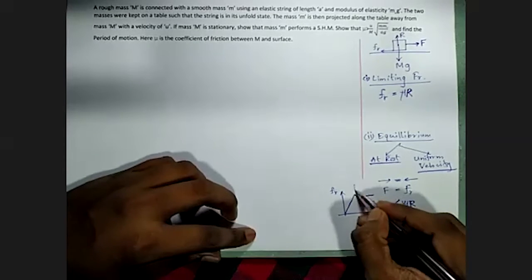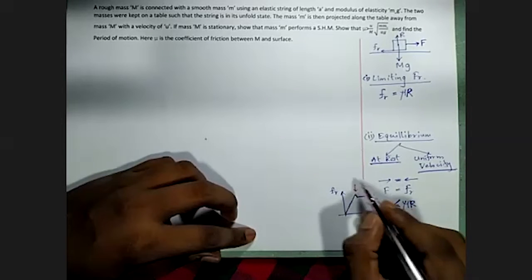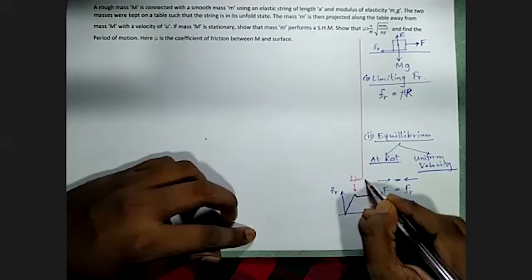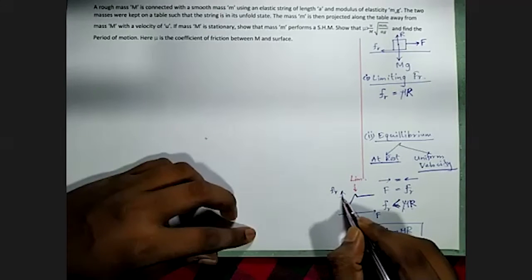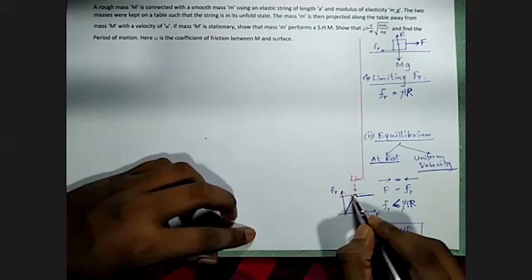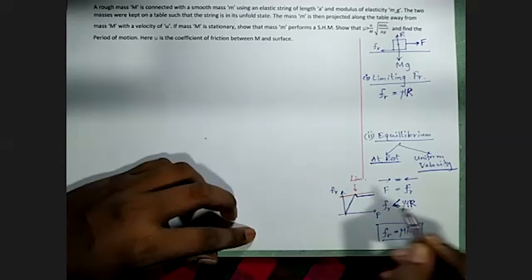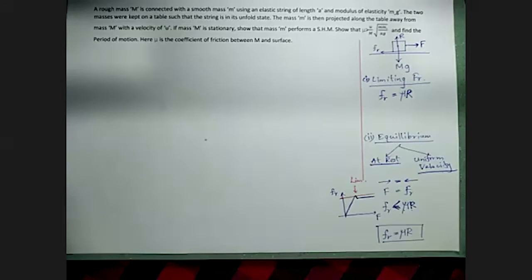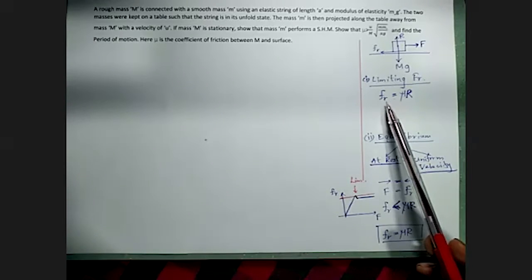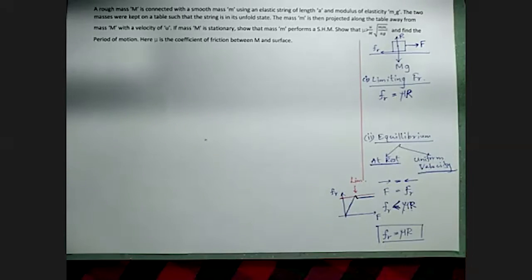This topmost point or maximum point is called limiting friction. There is no frictional value a certain surface can reach beyond limiting, that is the maximum. Therefore, if the question says this is in limiting friction, you can equate the product of mu R to maximum friction.